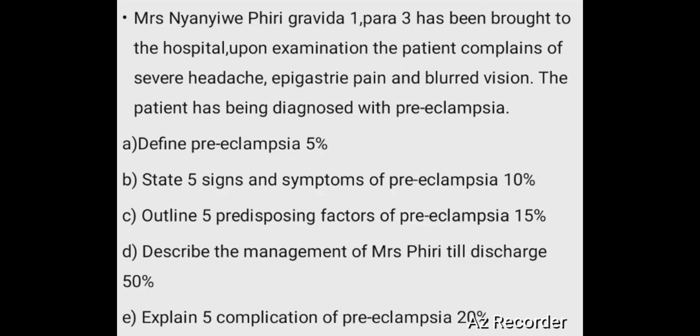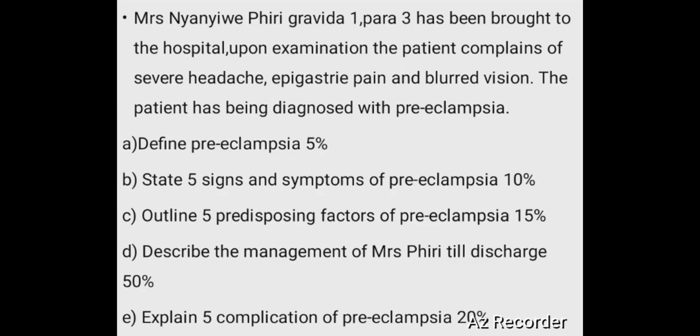Another sign and symptom that you can talk about here is edema. Now, edema is basically due to endothelial cell dysfunction that results into extravasation of the fluid, leading to edema. Then, number 3, we can talk of proteinuria.